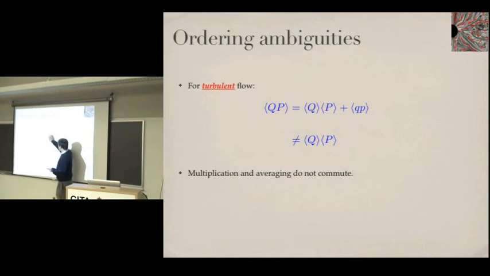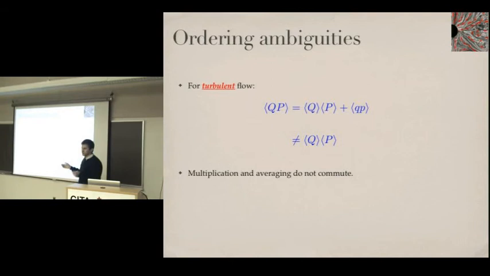So the order that you multiply and take averages doesn't matter. People have published incorrect results because they were really familiar with how physics worked in a laminar flow, and then when things were turbulent in their data, they didn't pay attention to the order they were multiplying and averaging things, and so they were getting wrong results. So I've spent a lot of time and had fun thinking about how to do these in the right order, and I think it's kind of neat.